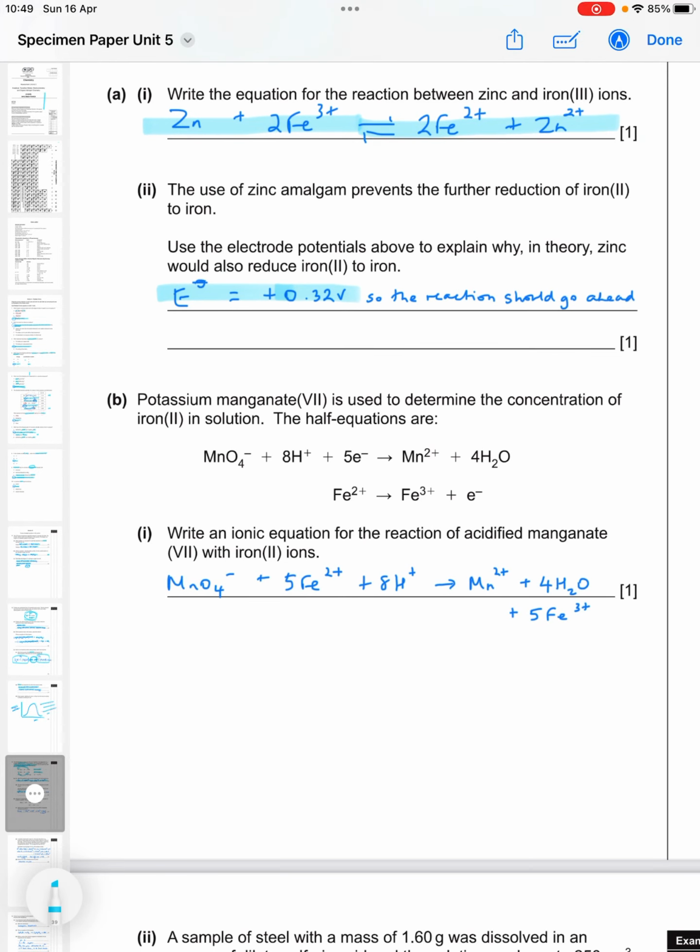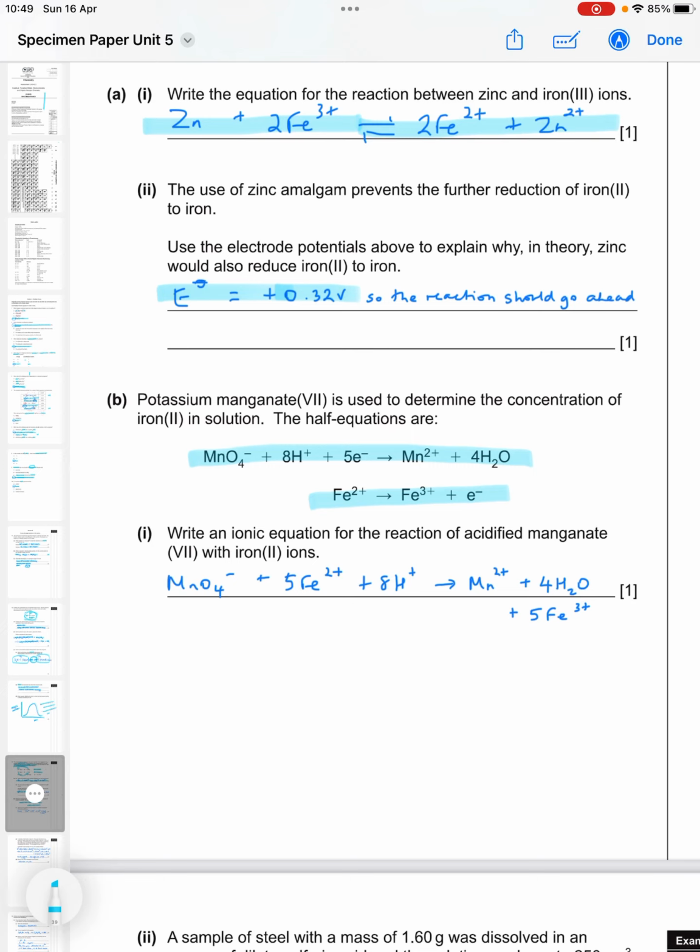Then manganate(VII) is used to determine the concentration of iron in solution. The half equations are these, and you'd be very familiar with them by this stage. MnO4- and 8H+ and 5 electrons gives you Mn2+ and 4H2O. And then Fe2+ gives you Fe3+ and an electron. I would recommend learning this balanced equation by heart, just so you can reproduce it straight onto the page.